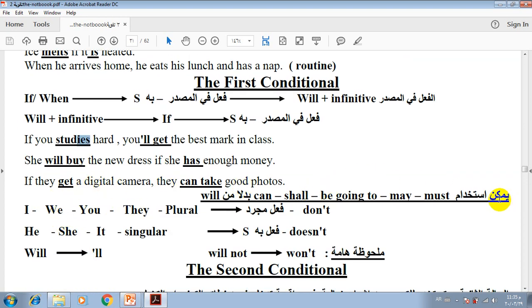We may use must, may, be going to, or shall, or can instead of will. Like you see in the last example, if they get a digital camera, they can take good photos. Here we use the present simple, and here we use can plus infinitive instead of will plus infinitive.